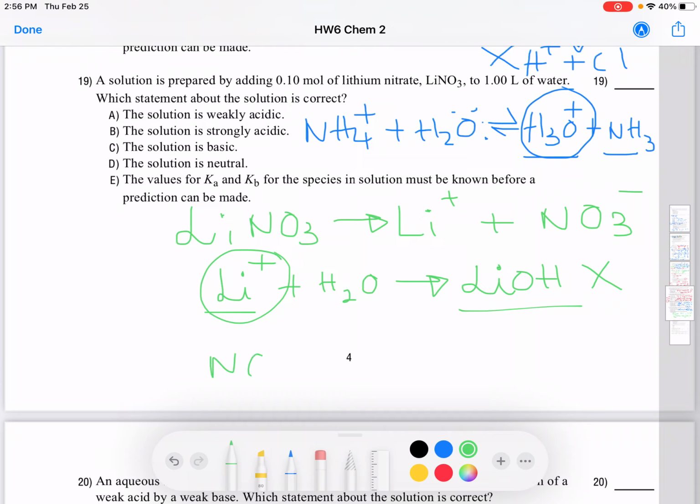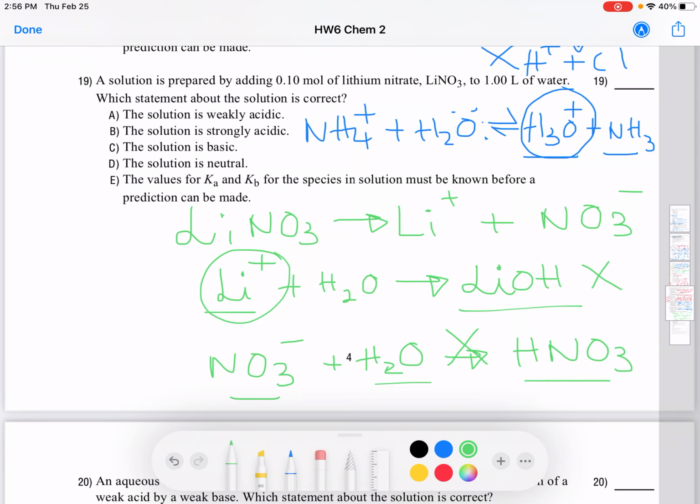Now the nitrate. Nitrate is an anion, right? And that anion is from the strong acid nitric acid. So this reaction also is not going to work, because nitrate is not going to react with water to give you nitric acid. Even if it does, it completely dissociates into ions. It's not going to exist, right?